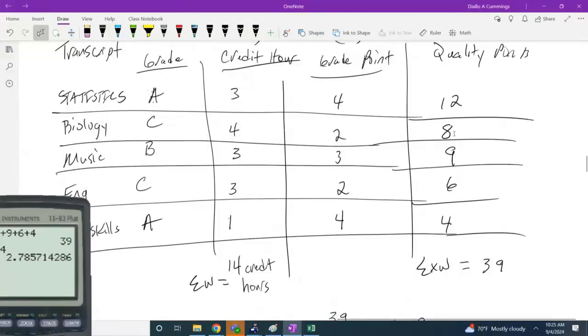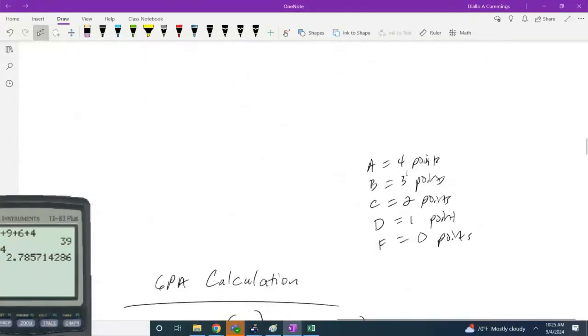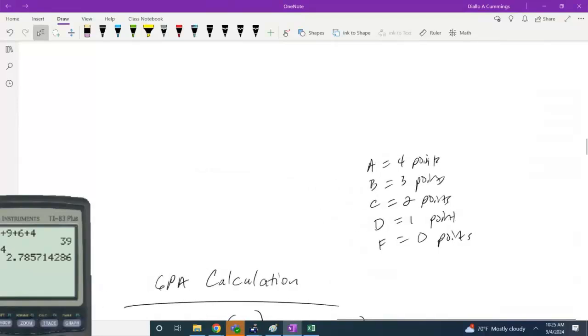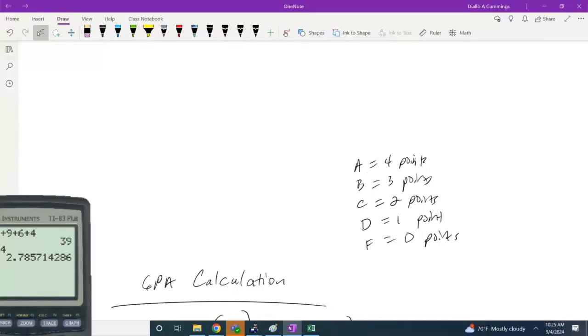I added up all of these. Okay. All right, so now with that being said, Aiken Technical College goes on this scale, but there are other institutions that use a different scale and their GPAs are higher because of this fact.